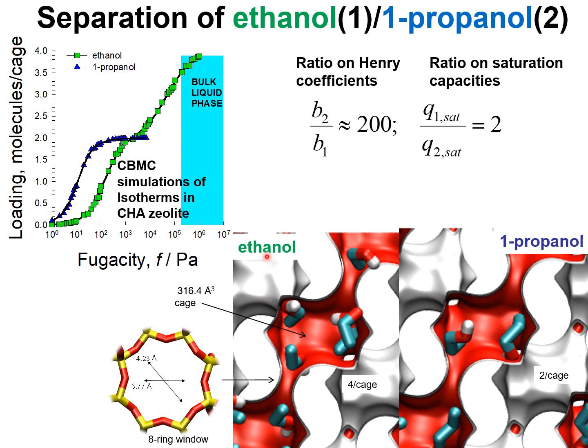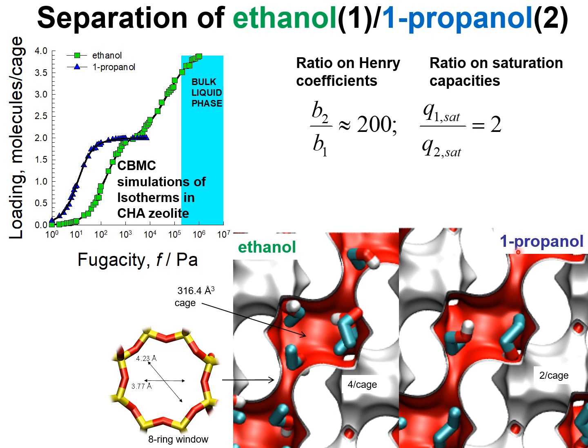Ethanol is the smaller guest, and it is possible to accommodate 4 molecules of ethanol within a single cage at post-saturation conditions. And this is the unary isotherm for ethanol, and you will see that the saturation capacity amounts to 4 molecules per cage.